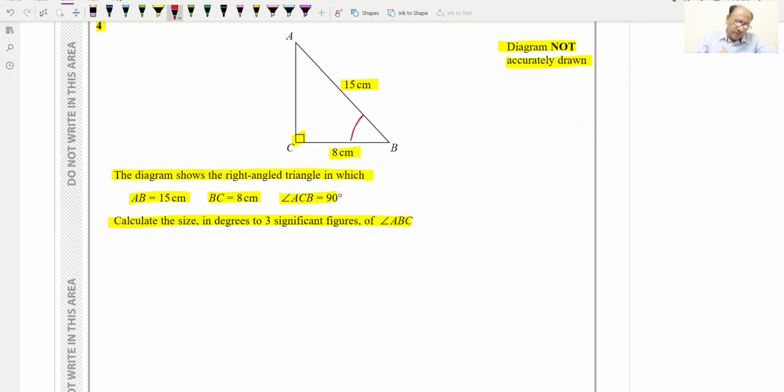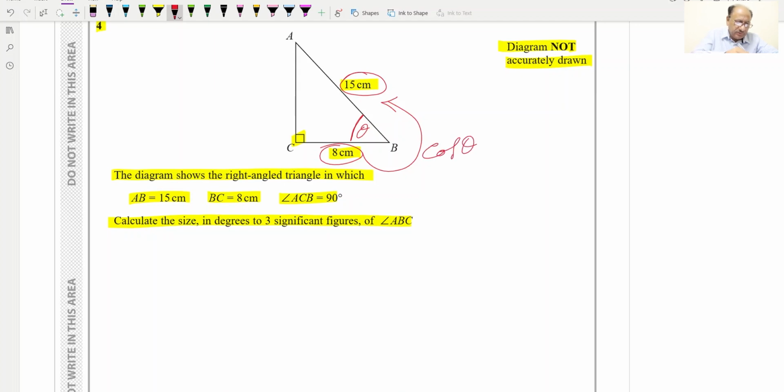So we take adjacent, this will be adjacent to this angle if we take this angle as theta. Adjacent over hypotenuse will be cos theta.